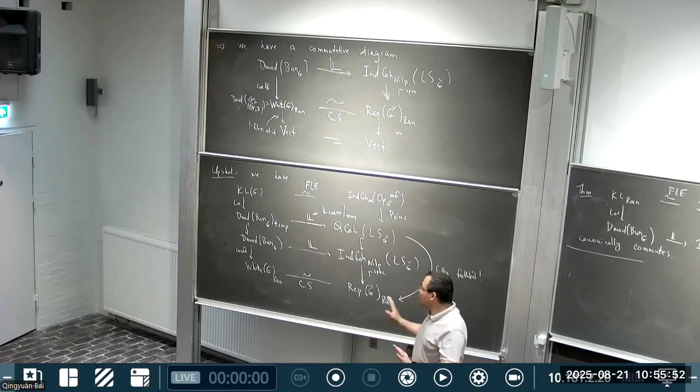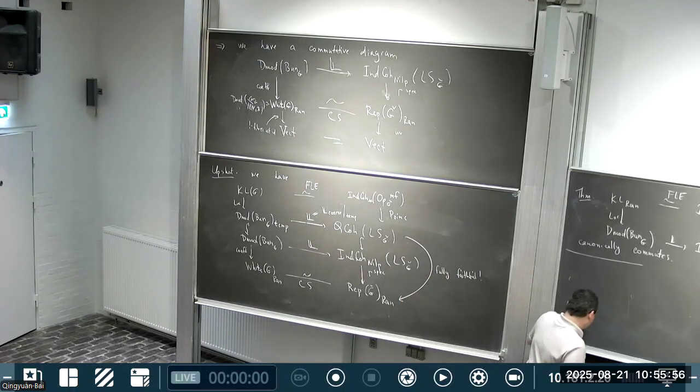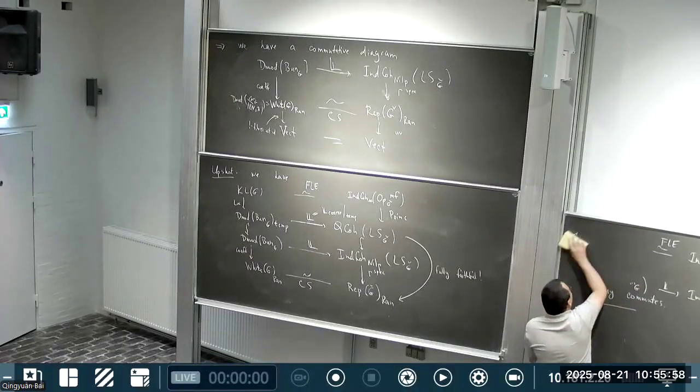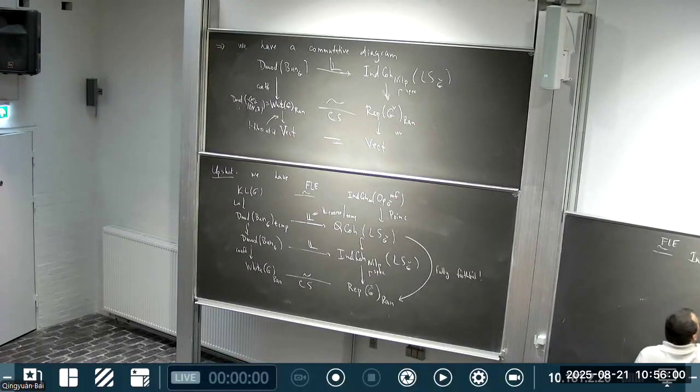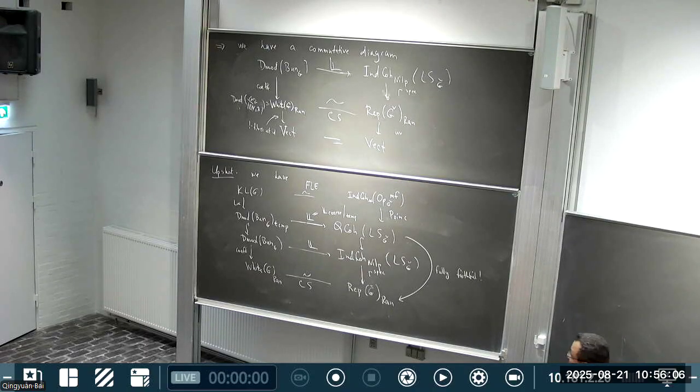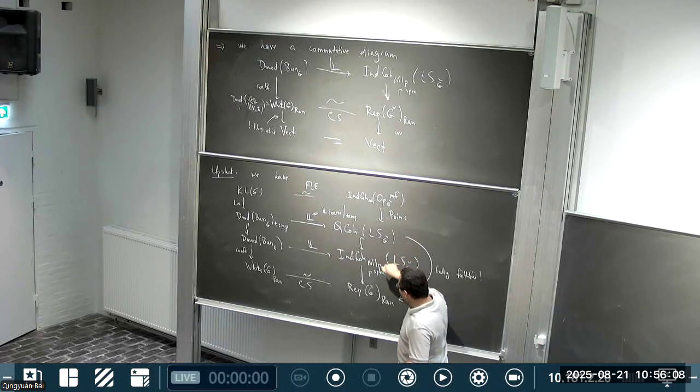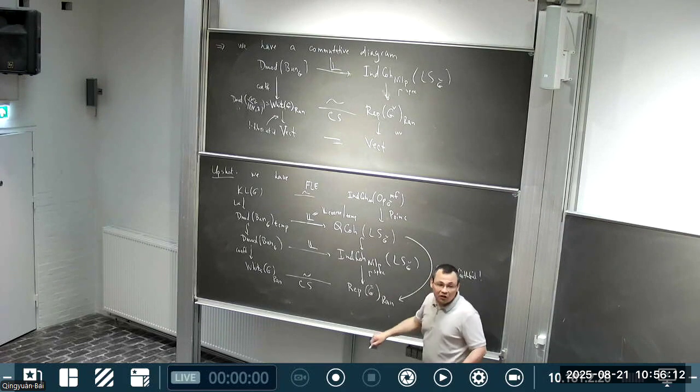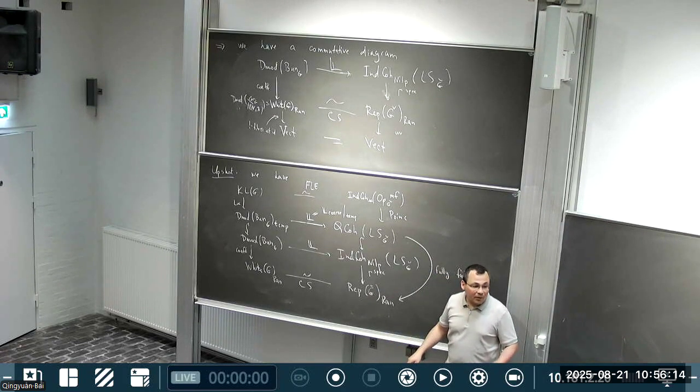Does everybody follow that? And the fully faithfulness on this tempered part was previously shown. This composite is fully faithful. Well, it's been asserted. I think maybe it will be explained in a future talk.